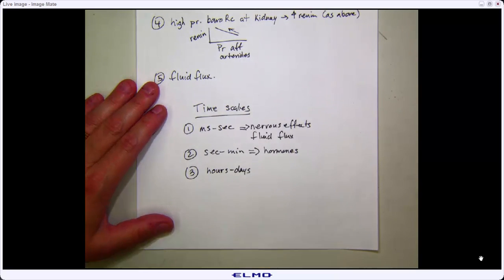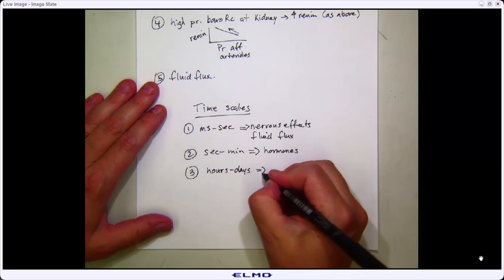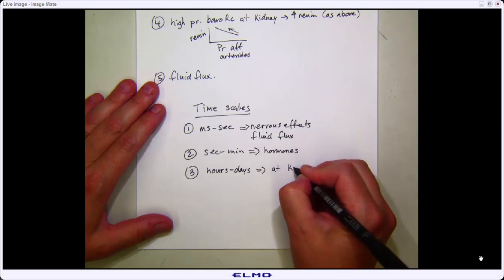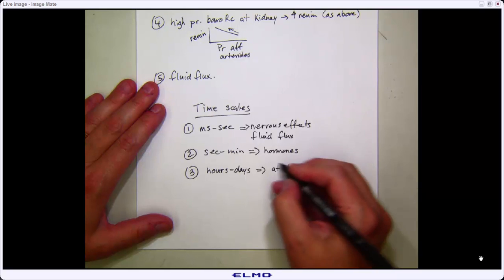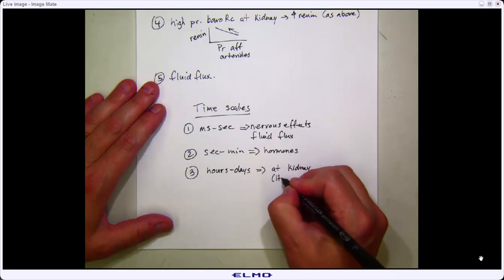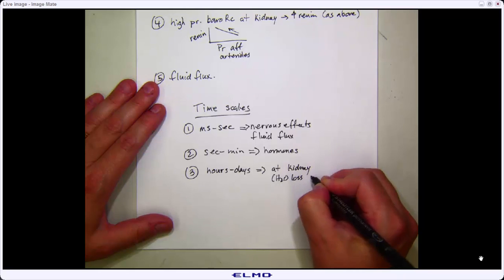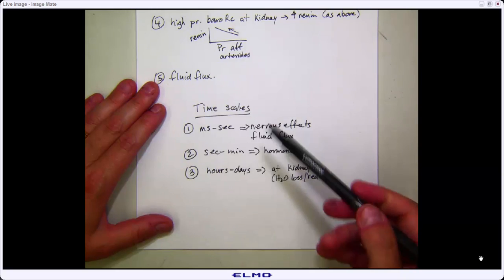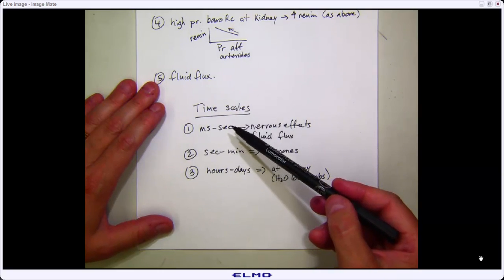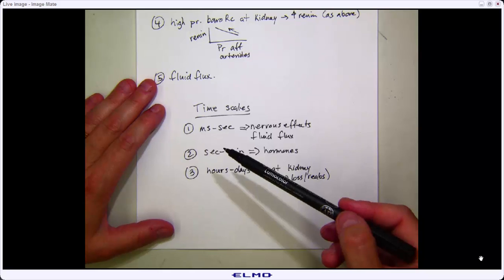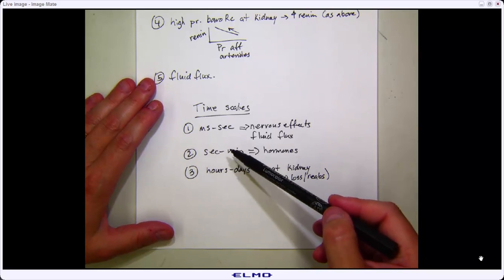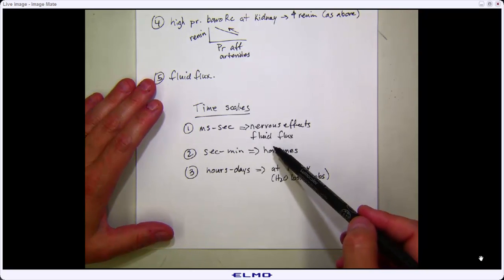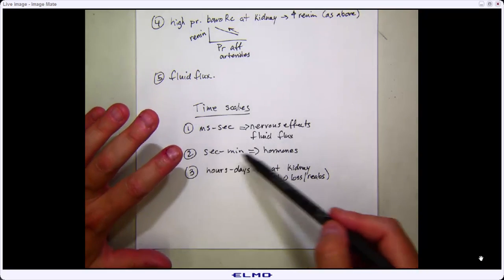Okay, the 3rd time scale, hours to days, which is really giving some thought to what's happening at the kidney. Because when we're thinking about water loss or reabsorption, we can, in a milliseconds to seconds time scale, get ADH out, but then ADH needs to find its membrane receptor population and do its thing, which is seconds to minutes.